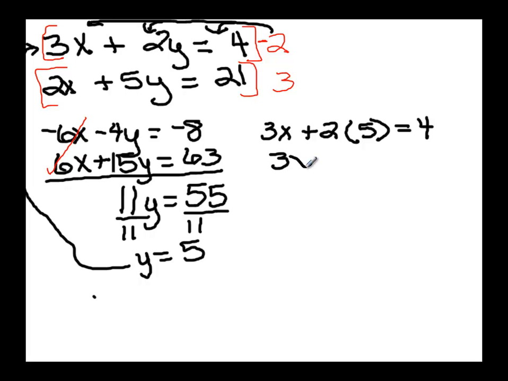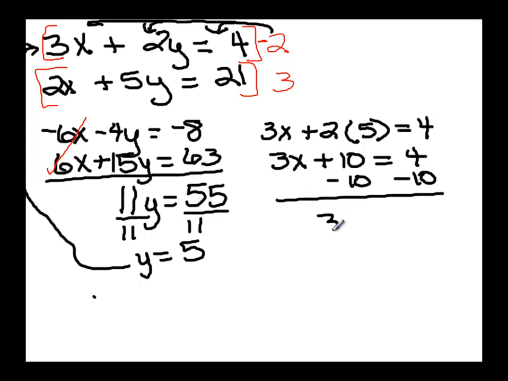So that's 3x. 2 times 5 is 10, equals 4 minus 10, which is negative 6. 3x equals negative 6. Divide by 3, and x equals negative 2.